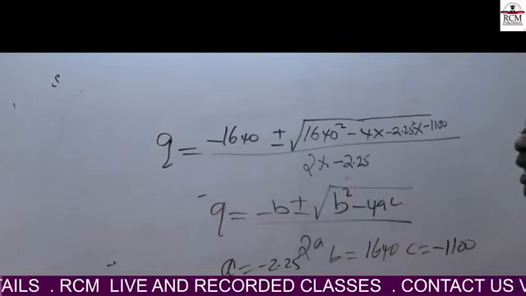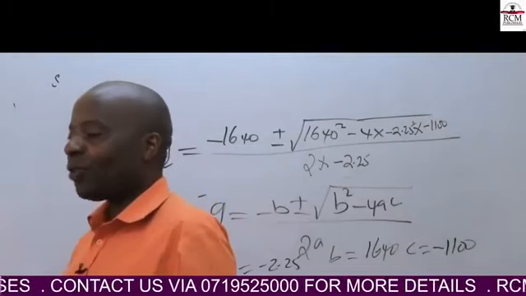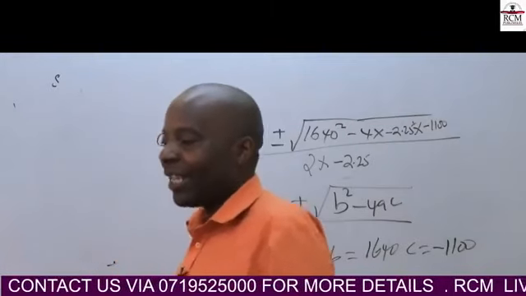Could you kindly do me a favor? First of all, start by getting whatever is under the square root. Let your fingers do the walking. Say 1640 squared minus 4 times minus 2.25 times minus 1100.